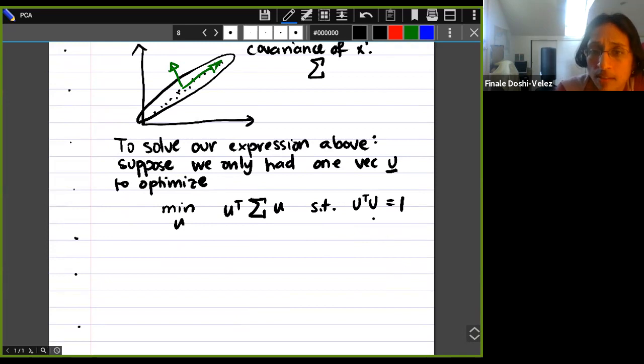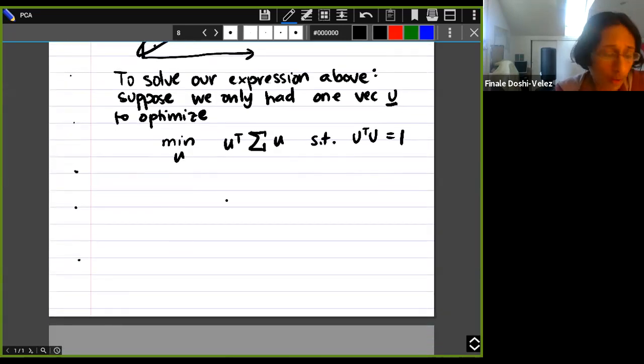So this is our normality constraint, that the vectors have norm 1. There's only one vector that we're solving for because we try to make this problem simpler. But we still have this part over here. We don't have any orthogonality, only one vector. Okay, so we have this.